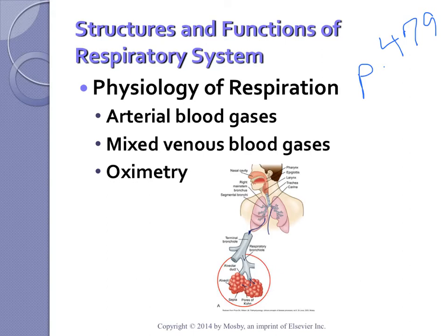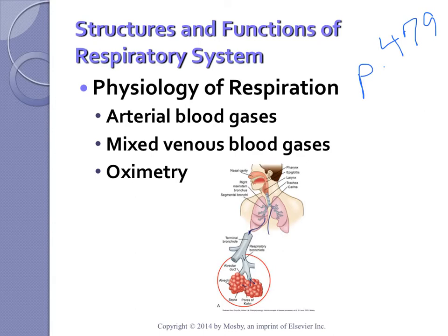The other thing we want to talk about is PaO2 decreases with advancing age. You will also see a decrease in PaO2 if someone is living at a higher altitude, where the barometric pressure is lower. You can also see a lower inspired oxygen pressure and a lower PaO2.